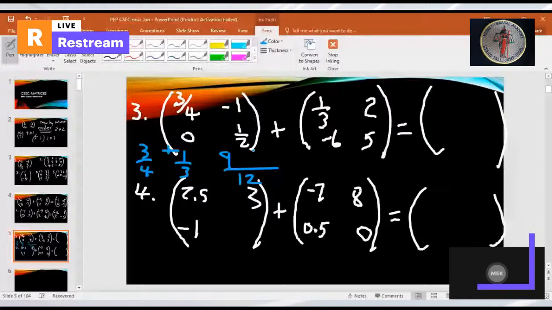Negative 1 plus 2, so that's a positive 1. Minus 6, so 0 plus negative 6. That's negative 6. A half plus 5, that's 5.5.